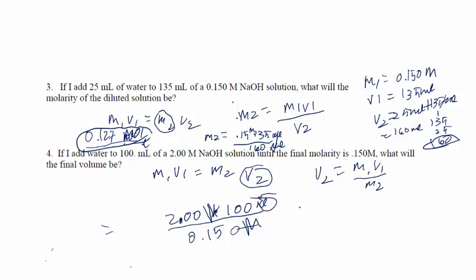So 2 times 100 over 0.15. Let me just write that down, equals 2 times 100 all over 0.15. Okay.